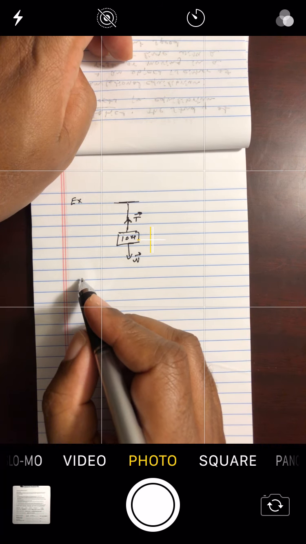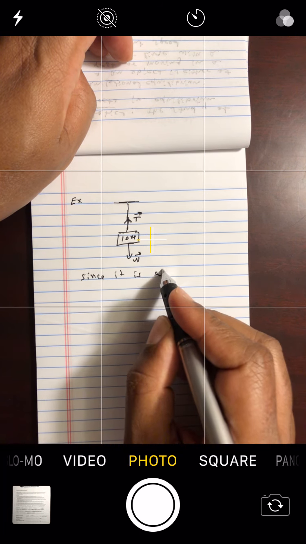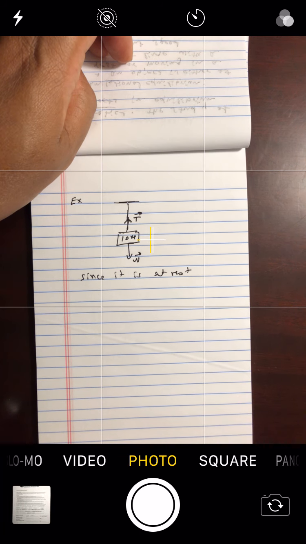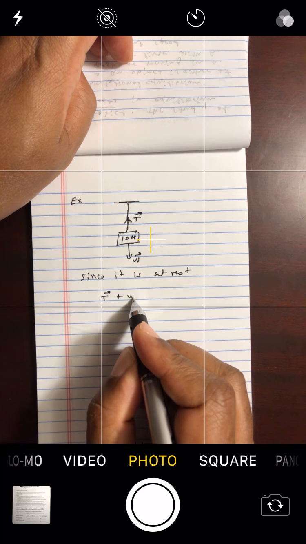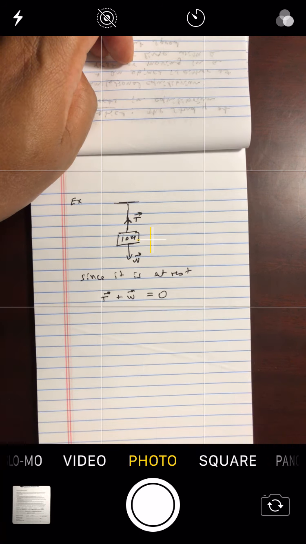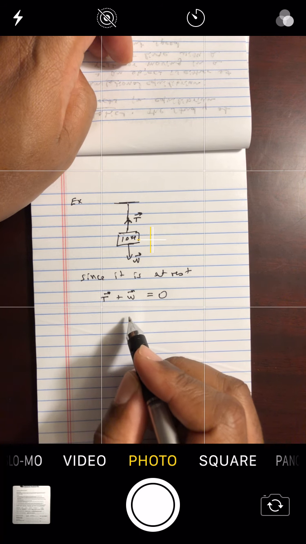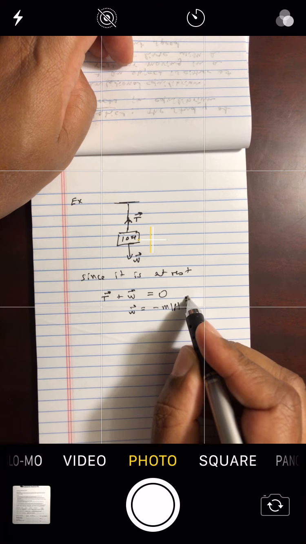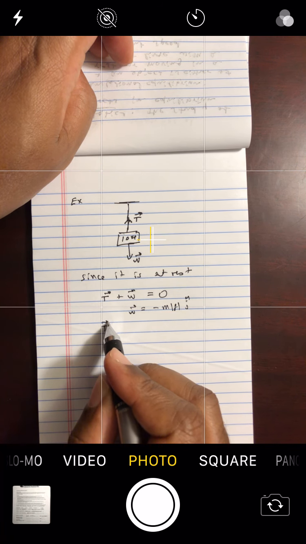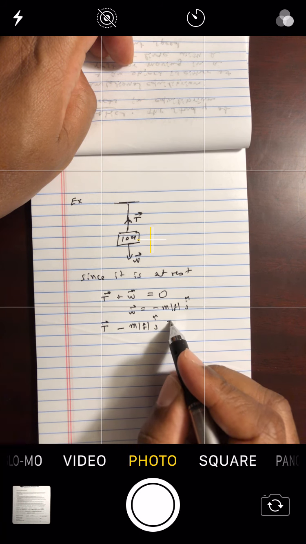Since we know it's in equilibrium, since it is at rest, it follows that the sum of the forces acting on this object should be 0. So we have the following equation: tension T plus the weight equals 0. Weight equals negative mg in the j direction, right? So we have the tension minus mass times gravity in the j direction equals 0.